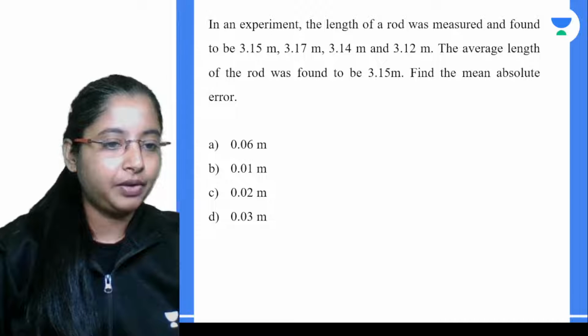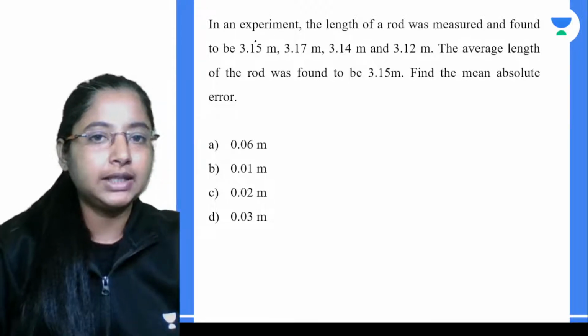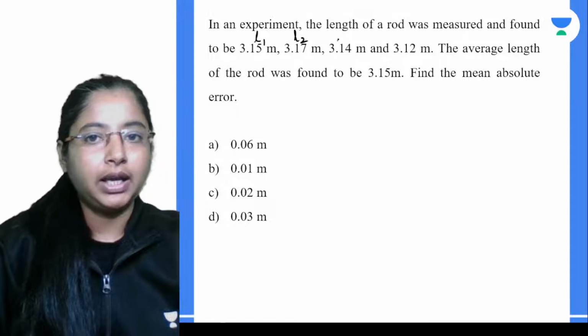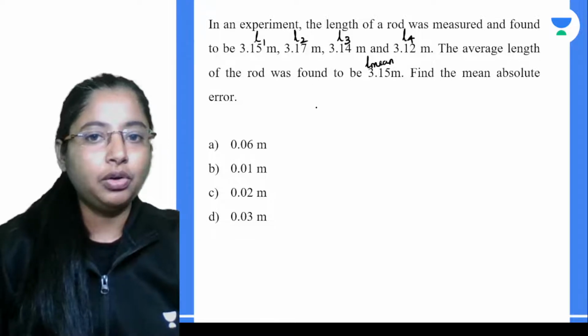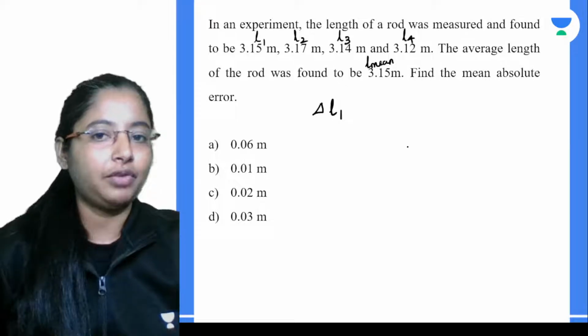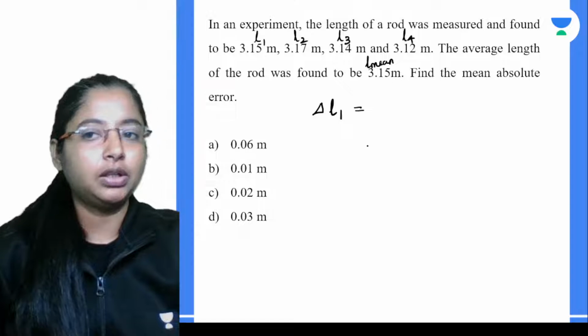Steps are very straightforward. First, let's take these as L1, L2, L3, L4, and this is L mean, the average value. We want to find the absolute error for each quantity first. So delta L1 represents the absolute error.